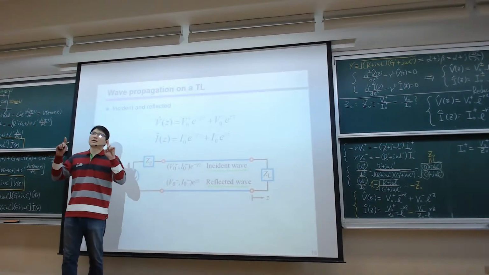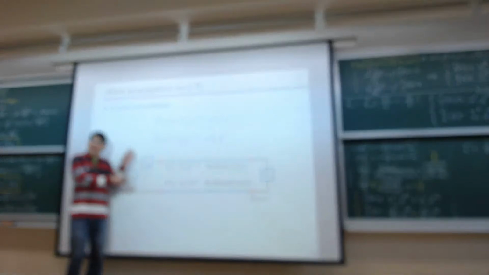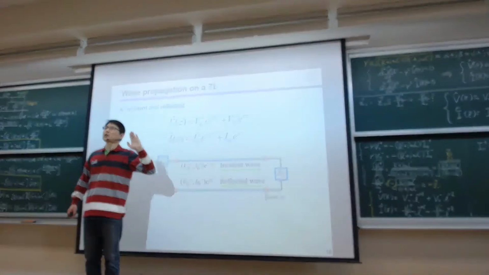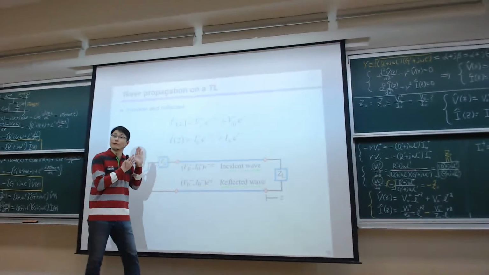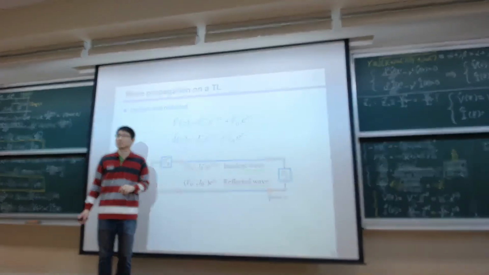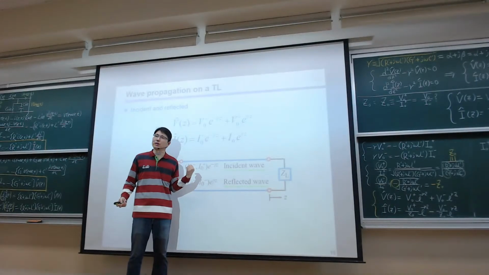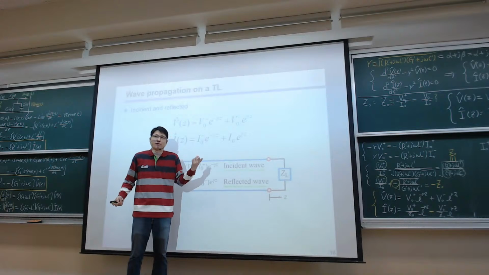So ideally, high power only wants to deliver the power to us, right? So ideally, on the transmission line, I should only have the forward propagating voltage and current. So how can there be a backward propagating wave in the form of voltage and current?